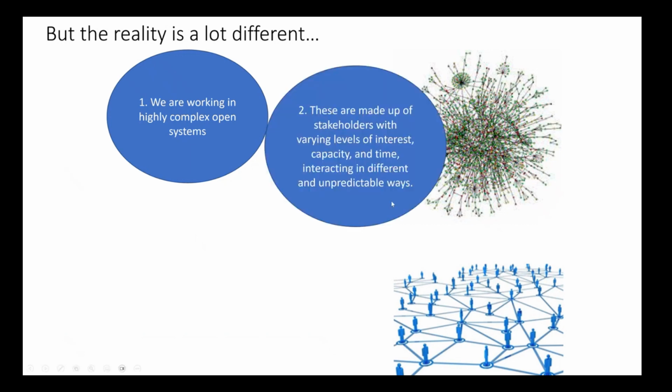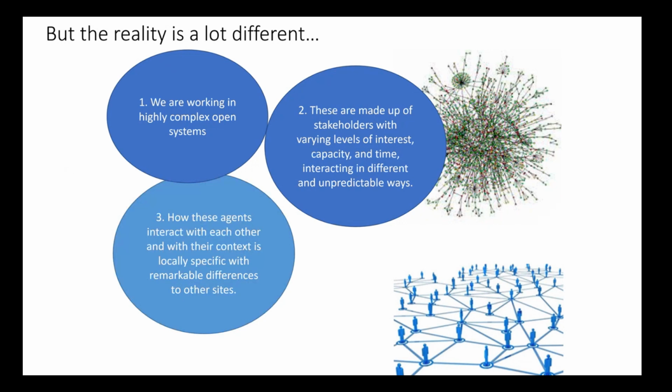Think about any sort of system like a healthcare system. They're made up of multiple stakeholders, thousands of different people with varying levels of interest, capacity, and time, all interacting in different ways, all interacting in unpredictable ways. So how these people interact with each other in their context is locally specific, and there are remarkable differences between sites.